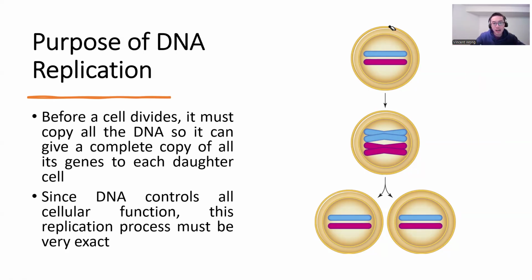And so here we have the original cell. This is called the parent cell. And just for simplicity, it has two chromosomes. For us, of course, we have 46 chromosomes. Then the cell will copy all of its genetic material. So instead of one blue and one purple, now it has two blue and two purple chromosomes.